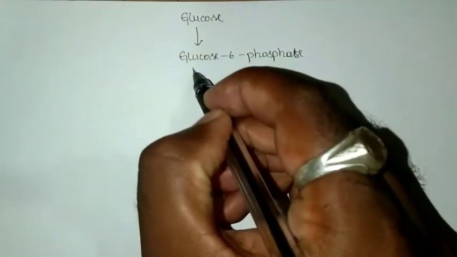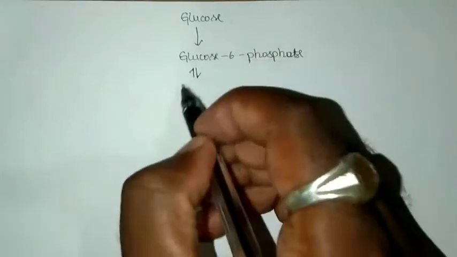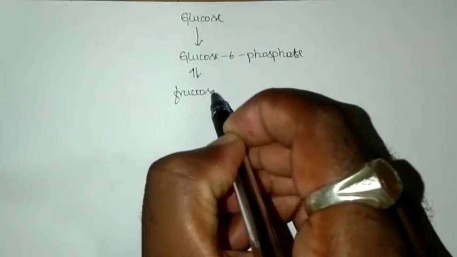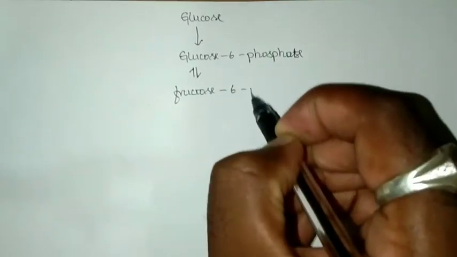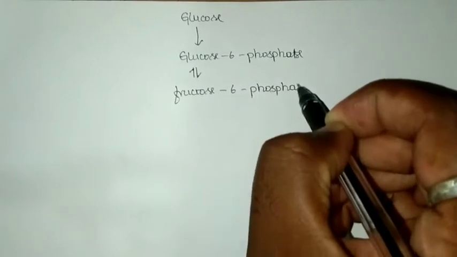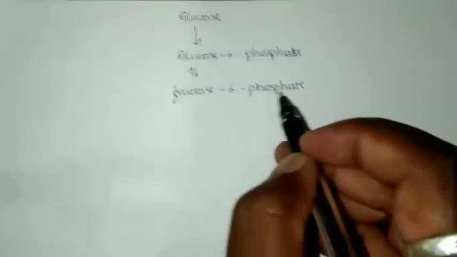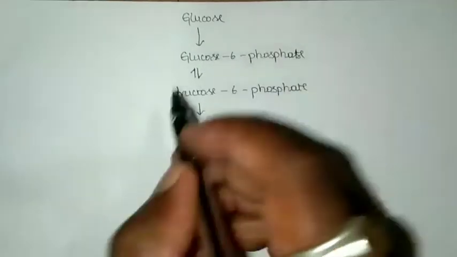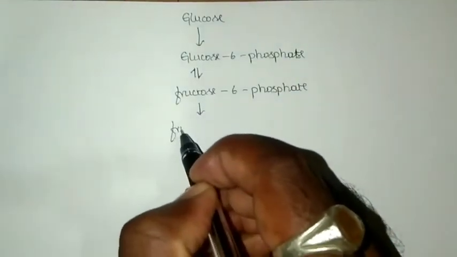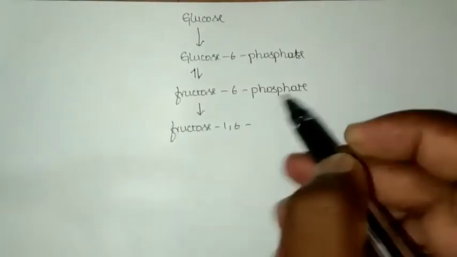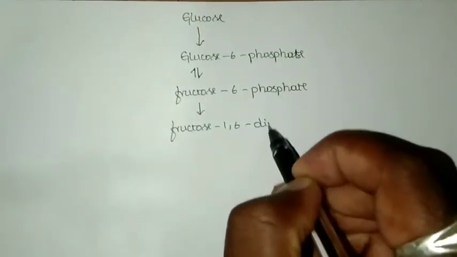This is the first reaction of glycolysis. This glucose 6-phosphate will get isomerized to produce fructose 6-phosphate. This is the second conversion, and this fructose 6-phosphate will again undergo phosphorylation for the second time to produce fructose 1,6 diphosphate.